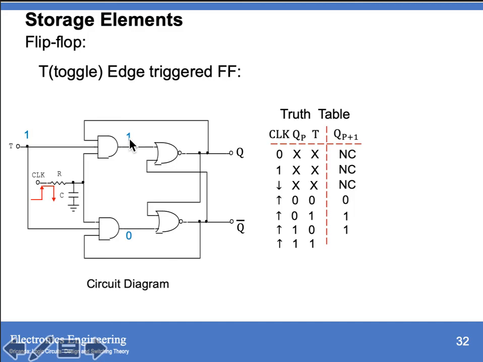And we have 1. So this is equal to 1 and this is equal to 0, because your previous Q is 1, so the Q bar is 0. Since this is equal to 1, this will generate an output of 0 in the NOR gate. So this is your logic symbol.